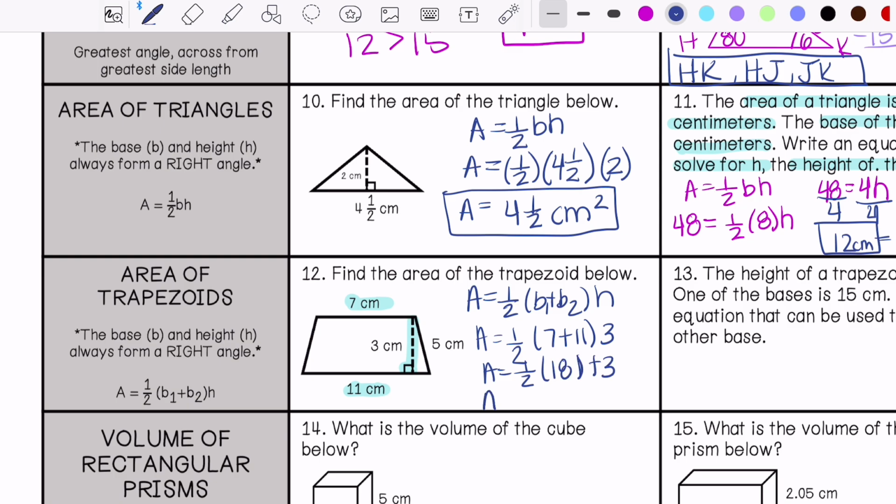One half times 18 is 9, times 3 is 27 centimeters squared.